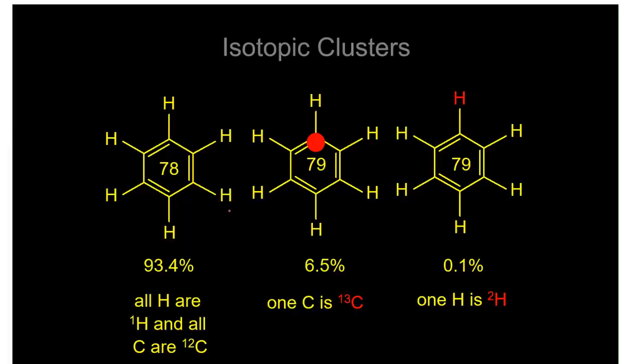However, if you look closely, 93.4% of this molecule is due to the most abundant isotopes of carbon and hydrogen, while another species, 6.5% of the sample, has carbon-13 present, and 0.1% would have a deuterium. So you can imagine that 6.6% will be an M+1 peak. See, 6.6% of your sample would be M+1.